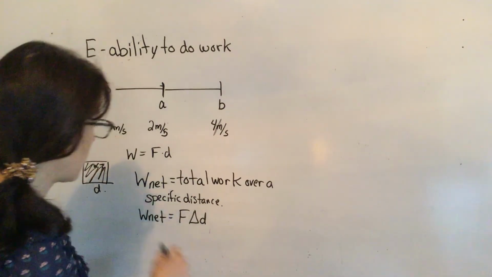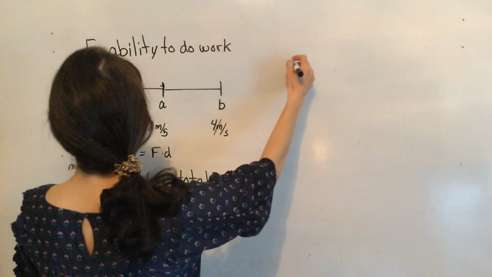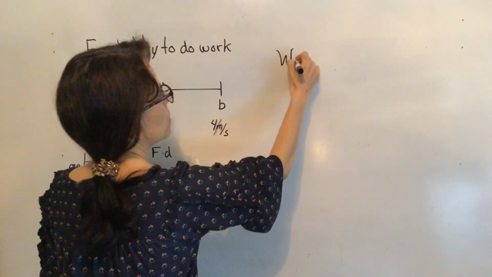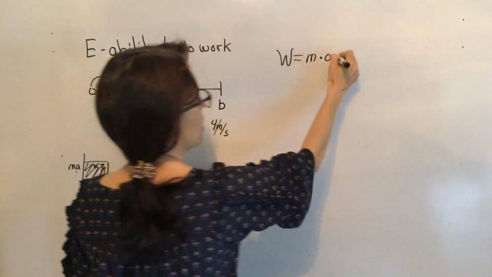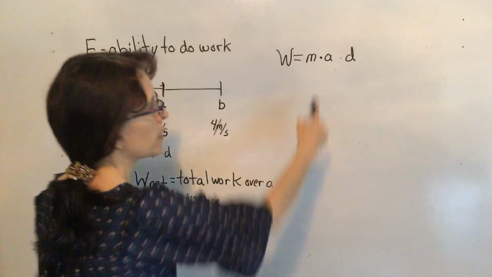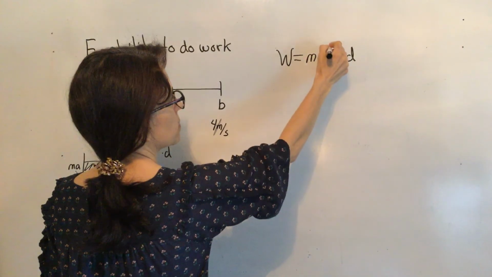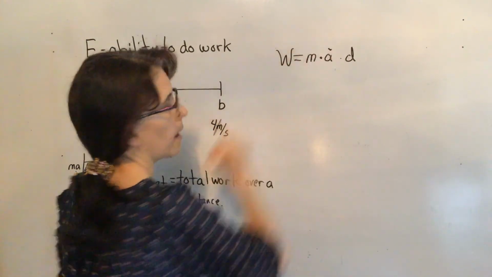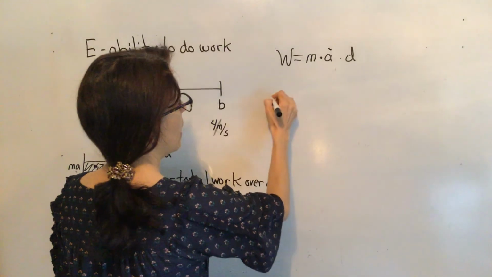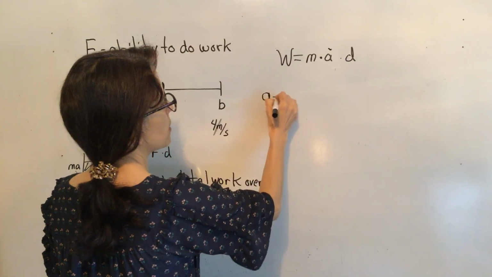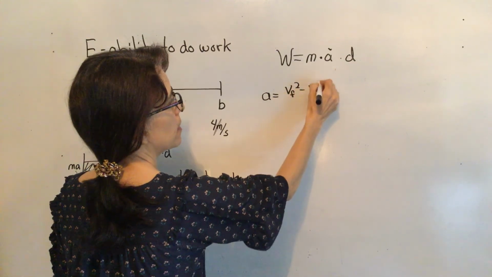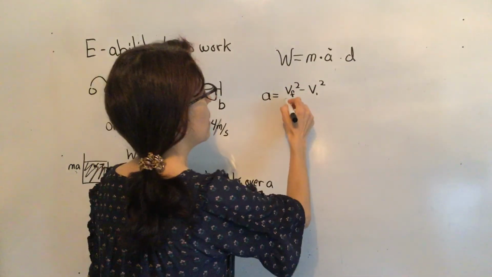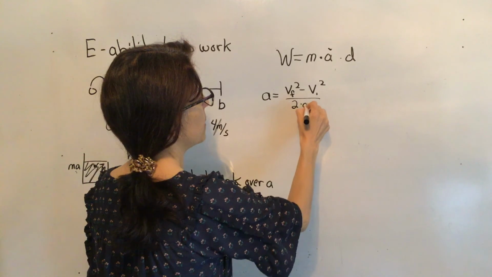Work equals mass times acceleration times distance, and I'm going to focus on this acceleration piece right here. Recall that acceleration is equal to the final velocity squared minus the initial velocity squared over 2 times the distance.